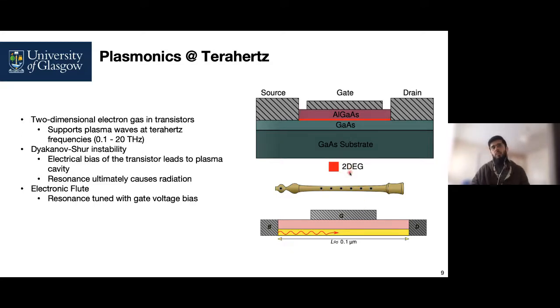There are a lot of established sources at optical frequencies, and very efficient sources at microwave frequencies. But until now, there has been a shortage of sources as well as detectors that operate in the terahertz frequency region. So this discovery of the Dyakonov-Shur instability, in the late 1990s, opened up a new path for terahertz generation as well as terahertz sensing.